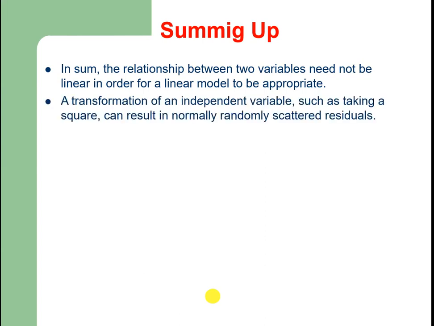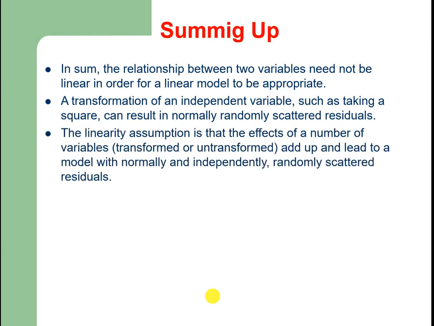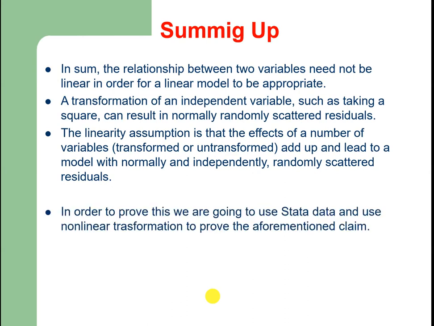A transformation of an independent variable or a dependent variable, such as taking a square, can result in normally randomly scattered residuals. The linearity assumption is that the effects of a number of variables, transformed or untransformed, add up and lead to a model with normally and independently randomly scattered residuals.